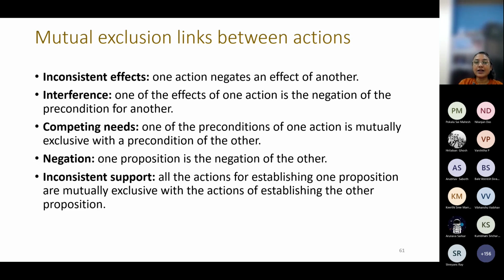Now, let us look at what are the different types of mutex between actions. There are these 5 types of mutex which we are defining, and then we will illustrate each of them. So, condition 1 is mutex by inconsistent effect. This happens when one action negates an effect of another action. Second type of mutex is interference, where one of the effects of one action is negation of the precondition for another.